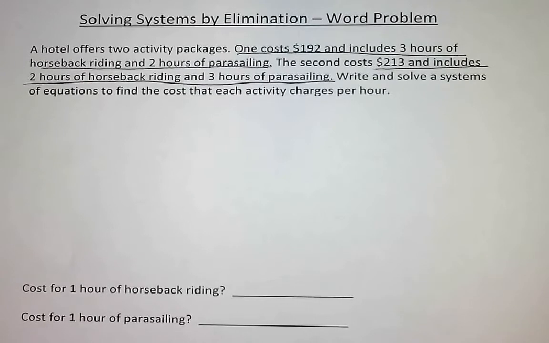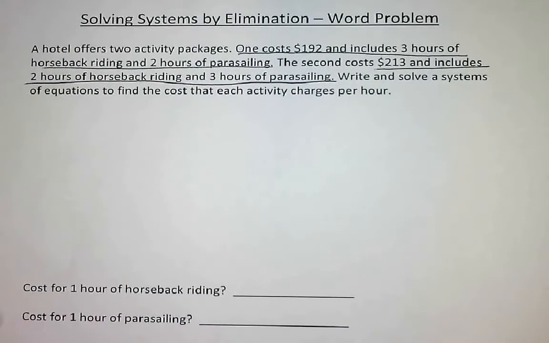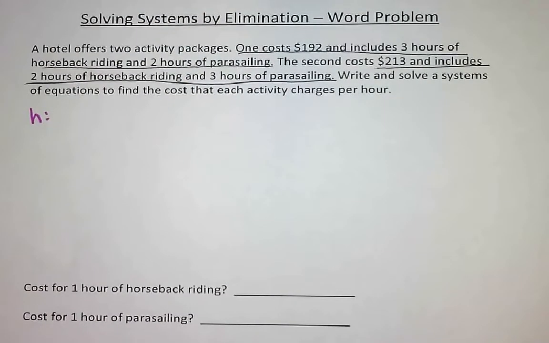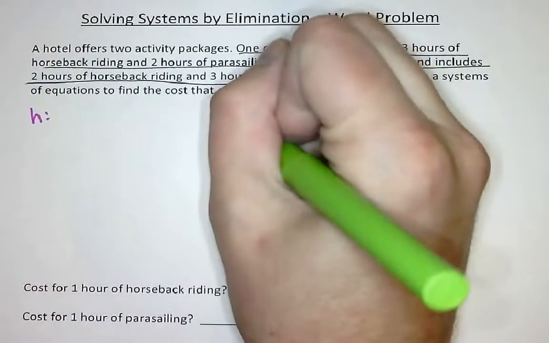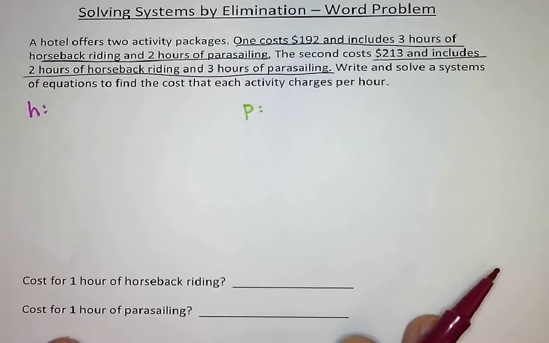All right, so guys, how are we going to write this? Okay, so we have some horseback riding and we have some parasailing. Are we cool if we use the letters H and P? All right, so what are we looking for? What is the information we don't know?